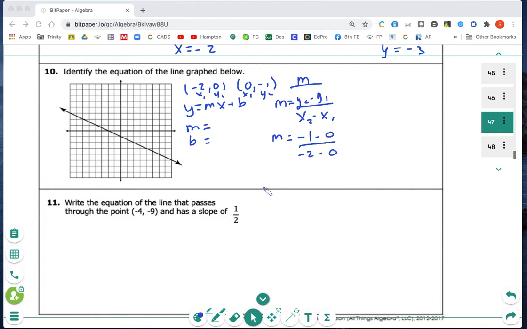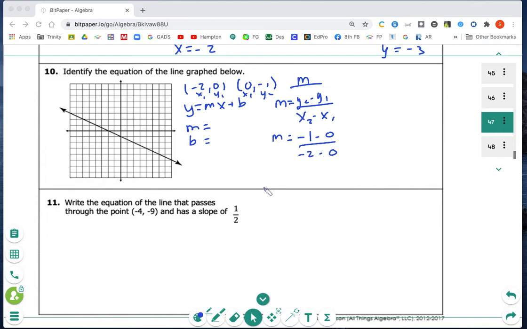I know that my slope is going to be negative. So let's see what our sign error is here. Negative 2, 0. Oh, that's what I did wrong.